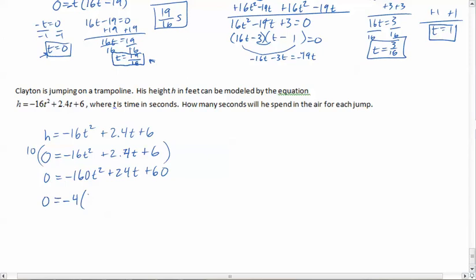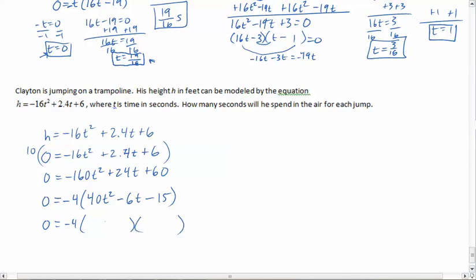So negative 4 into 160 would be 40t squared. Negative 4 there would be minus 6t, and then minus 15. Nothing else common, so at this point we can factor. You could have divided by negative 4 as well, because 0 divided by negative 4 is 0. But it's not really going to hurt anybody out there, and he always gets left out anyway. So we may as well be kind to him, leave him there.